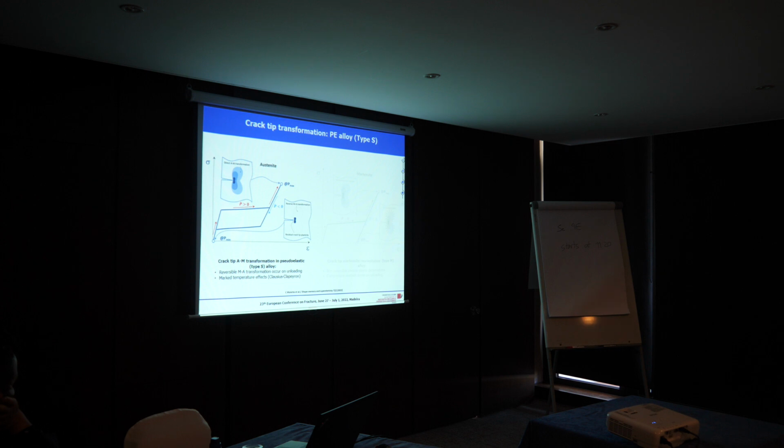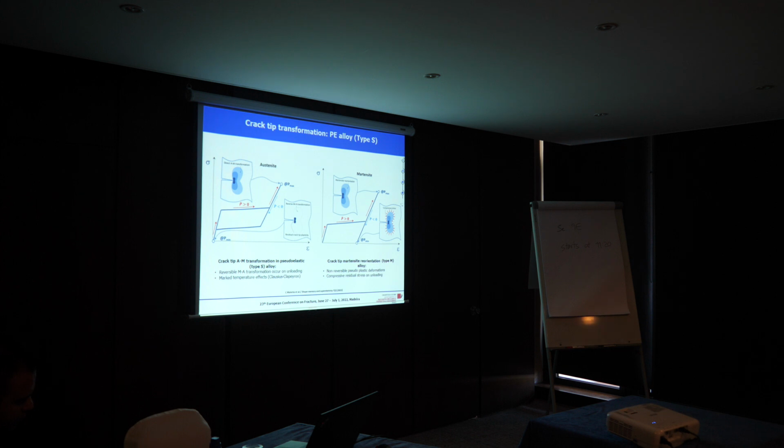So we try to explain these results by looking at the crack tip transformation phenomena. If we deal with the austenitic material, the stress-induced transformation from austenite to martensite occurring on loading vanishes on unloading. I mean, reverse transformation occurs, and this is a kind of superelastic effect. And this transformation is mainly affected by the temperature due to the variation of the critical stress with the temperature.